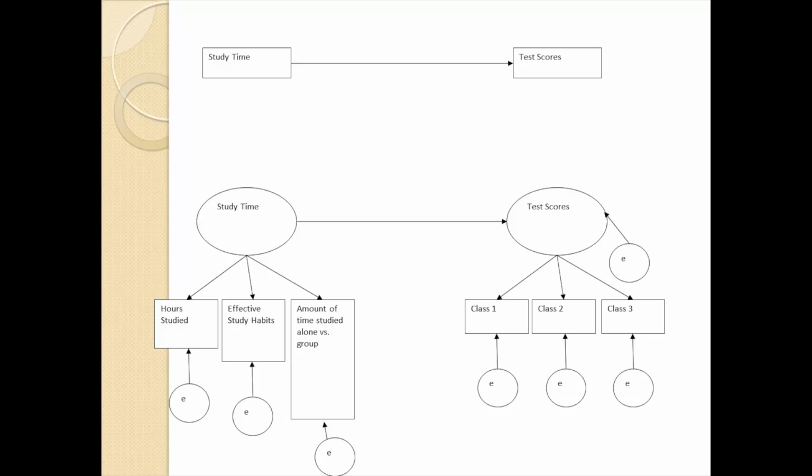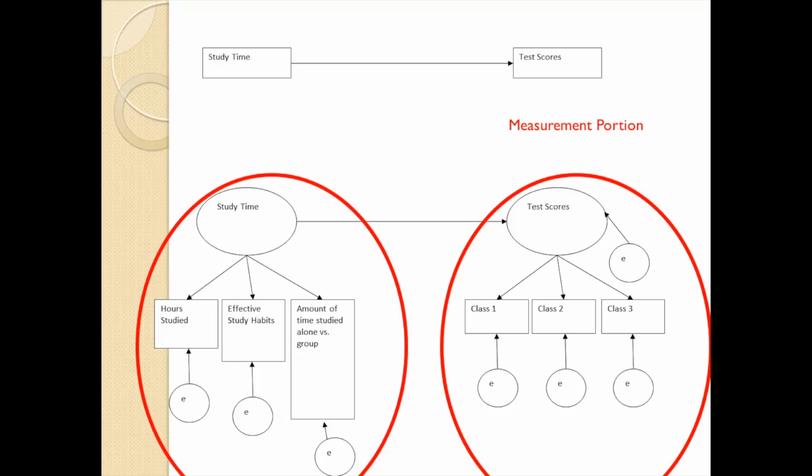Now, I want to introduce the term measurement and structural portion of the models. You see here a single oval of study time. This is a latent variable with 3 indicators, and those each have error terms. And this makes up a confirmatory factor analysis or a measurement portion of the model indicating study time.